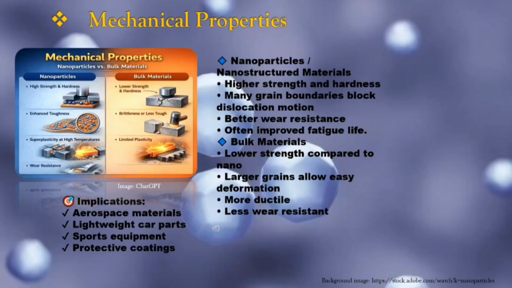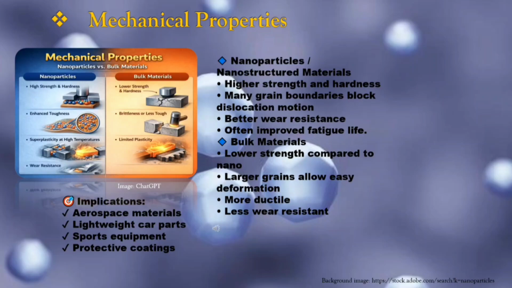Let's see how the mechanical properties change when materials are made very small and down to the nanoscale. Nanostructured materials become much stronger and harder because they contain many grain boundaries. And these boundaries stop defects from moving easily, so the materials do not deform quickly. Because of this, nanomaterials resist surface damage better and can handle repeated stress for a longer time.